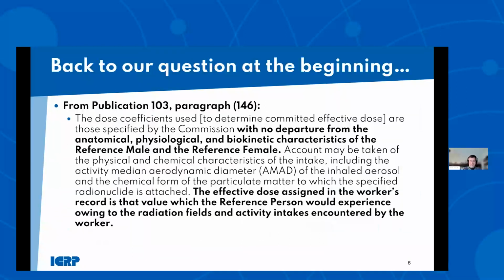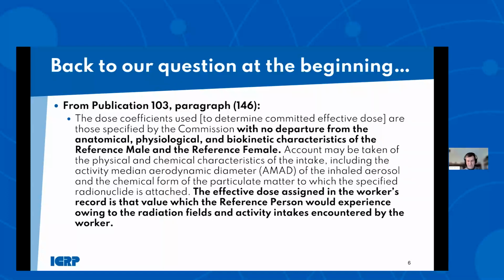So now let's go back to that last polling question, the one where I'm claiming most of our audience got this wrong, right? So let me explain why the right answer is the one I gave. If you're in a country which has adopted the publication 103 system of protection, the coefficients used to determine committed effective dose are those specified by the ICRP with no departure from the anatomical, physiological, and biokinetic characteristics of the reference male and the reference female.